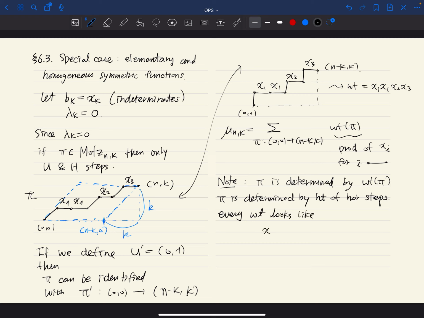So say we have n minus k horizontal steps, so there must be n minus k factors: x_{i_1} x_{i_2} up to x_{i_{n-k}}, where what is the range for them? Weakly increasing.